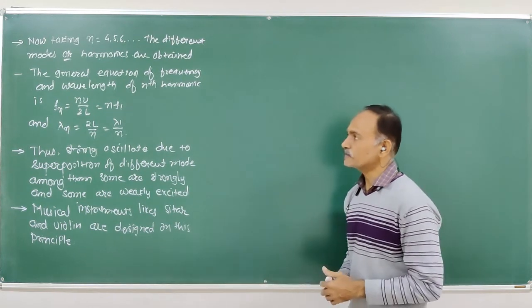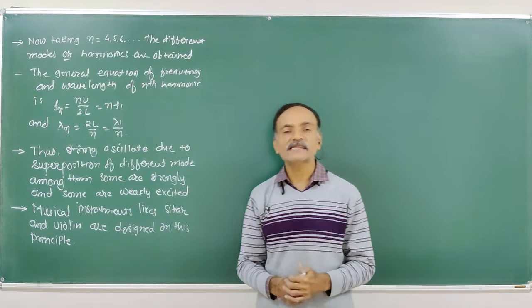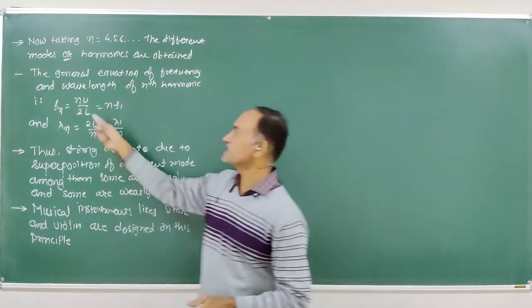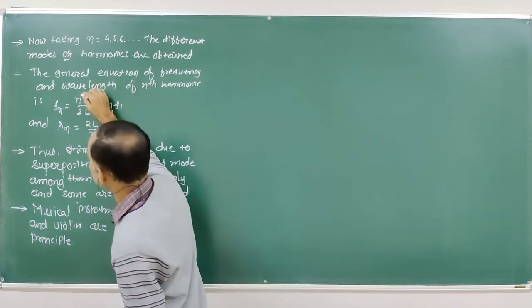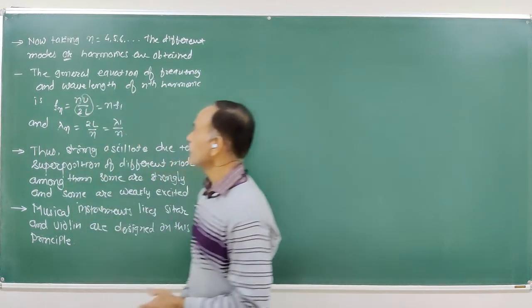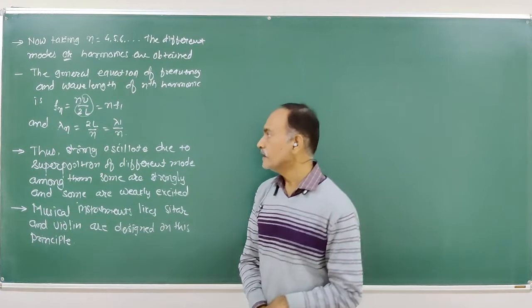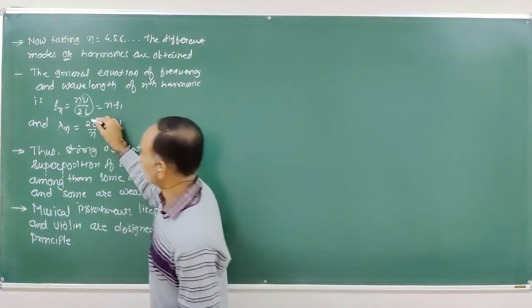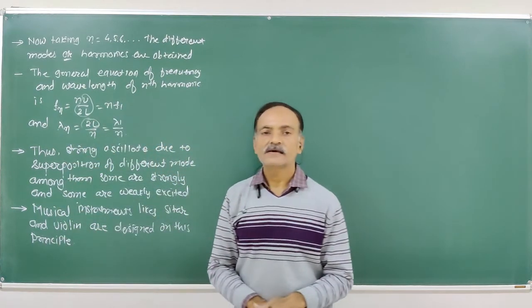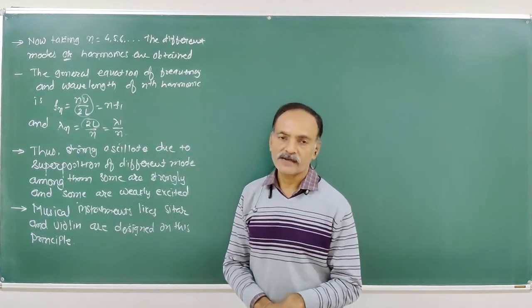The general expression of the frequency and wavelength of the nth harmonic is Fn is equal to nV upon 2L. But V upon 2L is our F1. Therefore, nF1. And lambda n is equal to 2L upon n. But 2L is the lambda 1. Therefore, lambda 1 upon n.